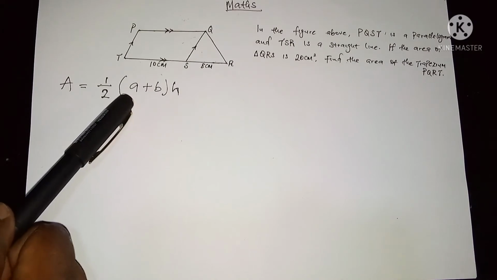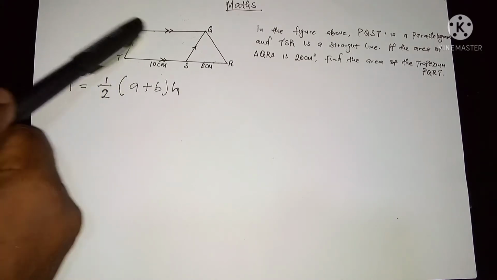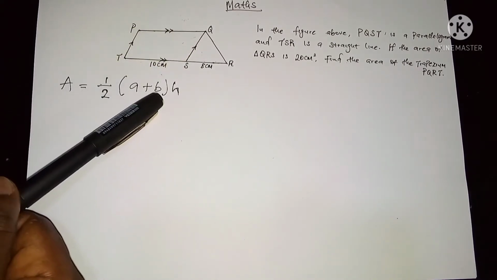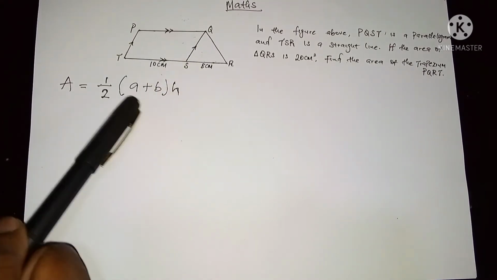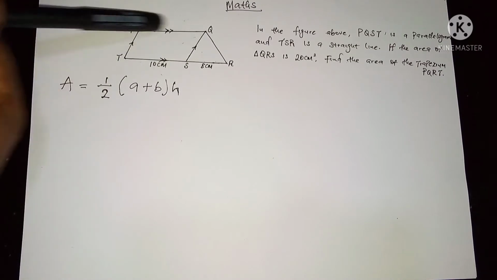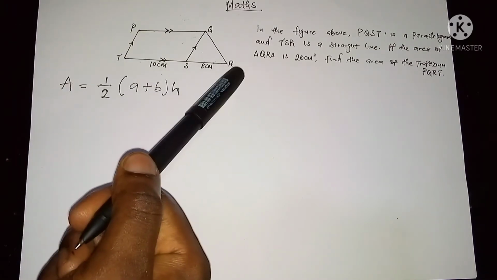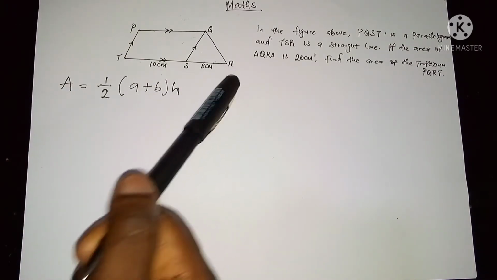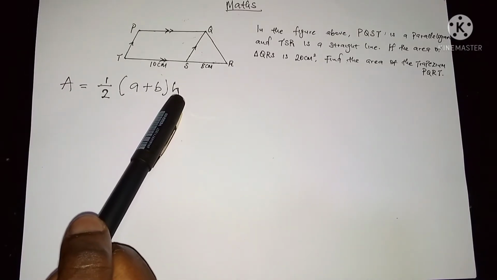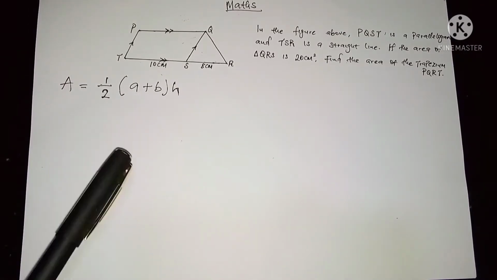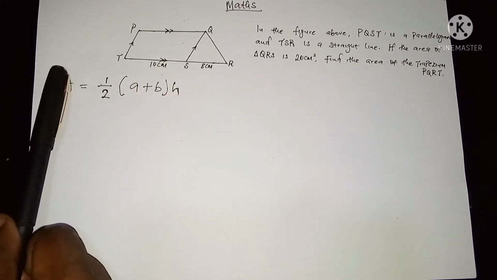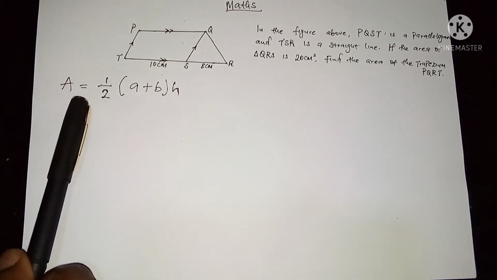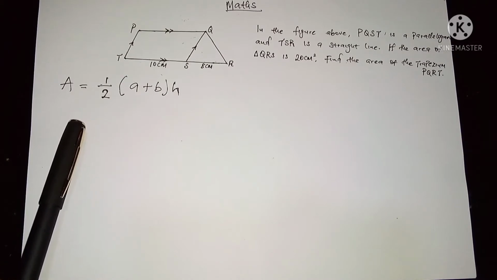Here a is the base up, b is the base down, and h is the height of the trapezium. We need to have this relation in mind to find the area of any trapezium.